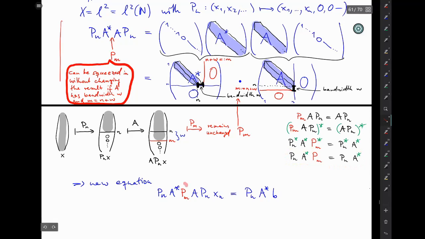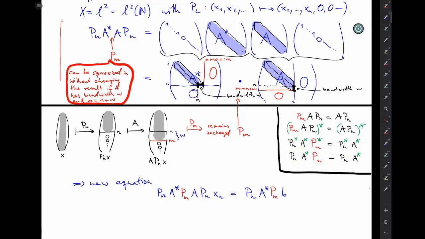And what this is saying is that we could also have argued via these three operators here, and could have argued that also from that perspective you can neglect the red operator. But exactly by that same argument we can also squeeze in PM here without changing the vector on the right hand side. And now that's our new equation.